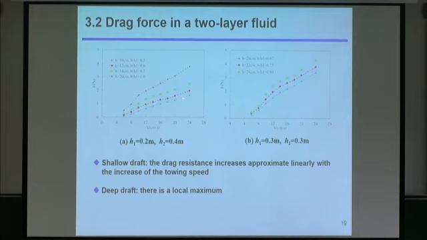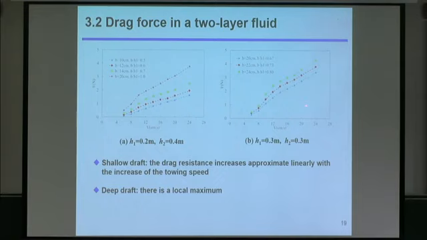Here, the blue one is dimensionless draft 0.5, 0.6, 0.7, and 1. From this, we can see with the increase of the draft, the resistance is also increasing, and this is the same trend.